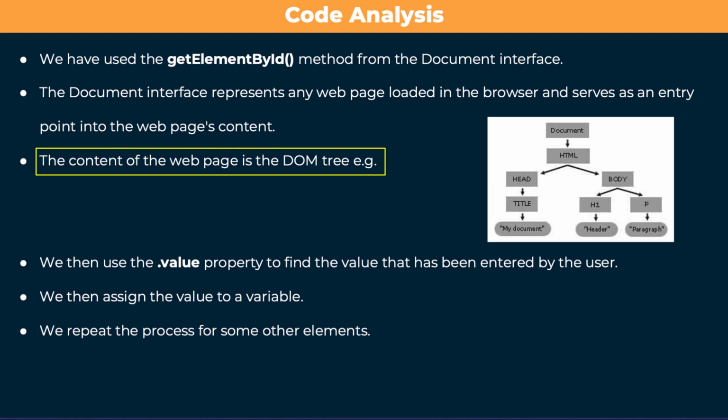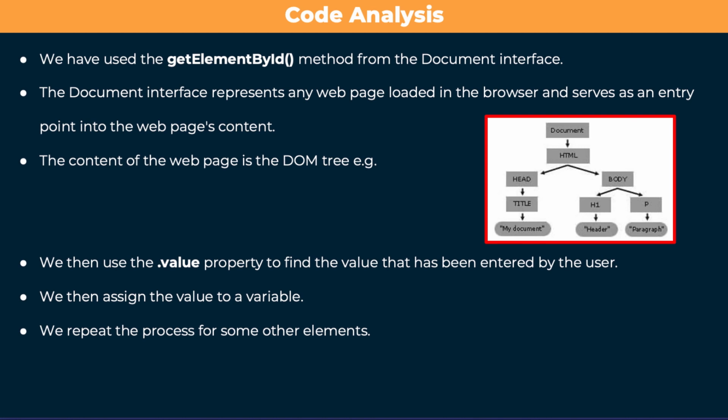And we say that the content of the web page is the DOM tree, or the document object model tree. And the diagram shows a very simple tree with a document at the top, which then includes HTML, and the HTML includes a head, and the head includes a title, and on the right hand side the HTML includes a body, and the body contains a H1 and a P, which is what we saw when we used the HTML.